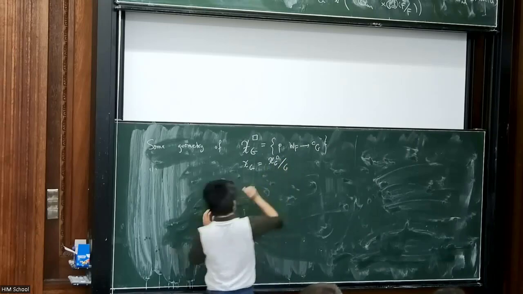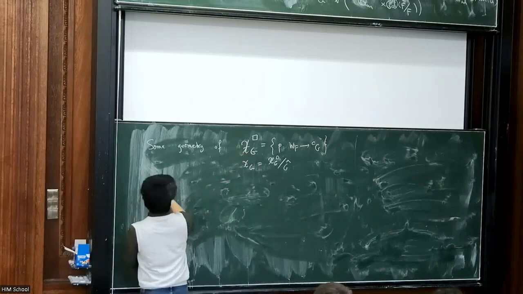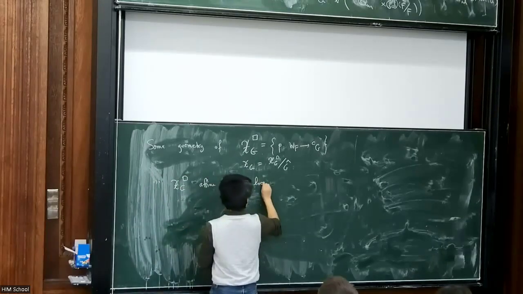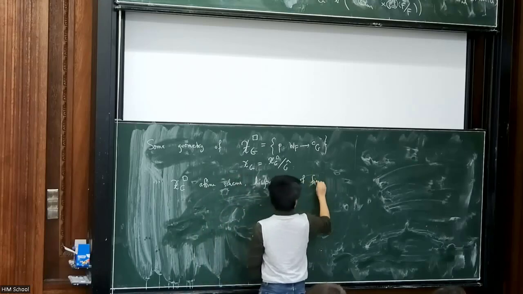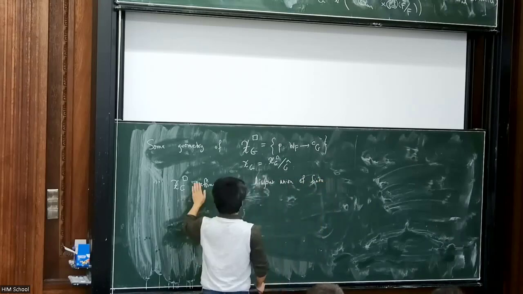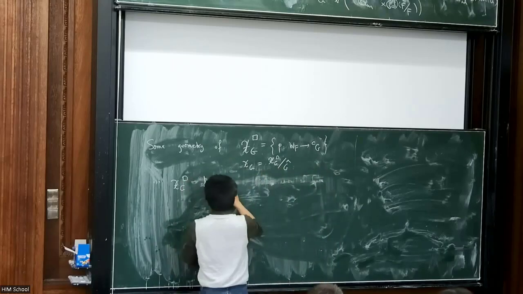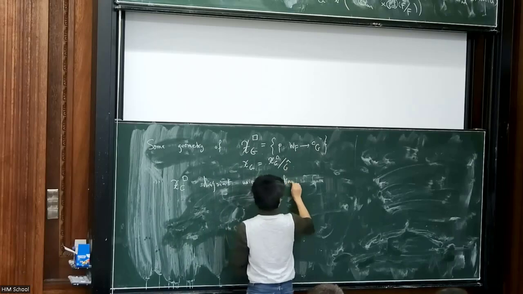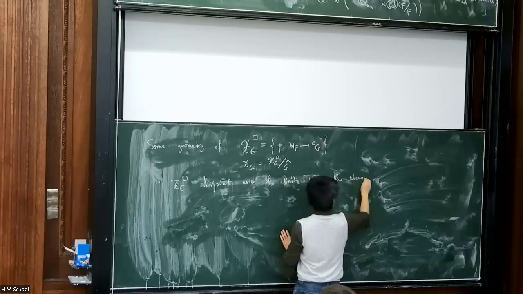And the X is the quotient. So this guy, first of all, is an affine scheme, locally of finite type, a disjoint union of finite type affine schemes over Z_l.